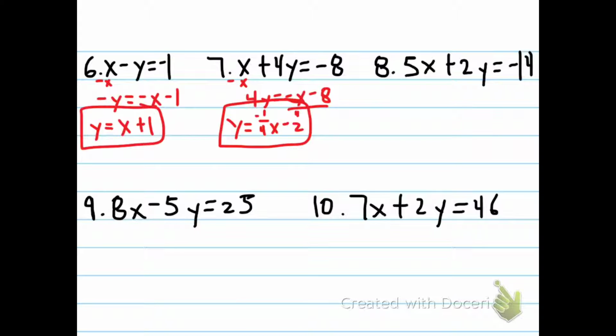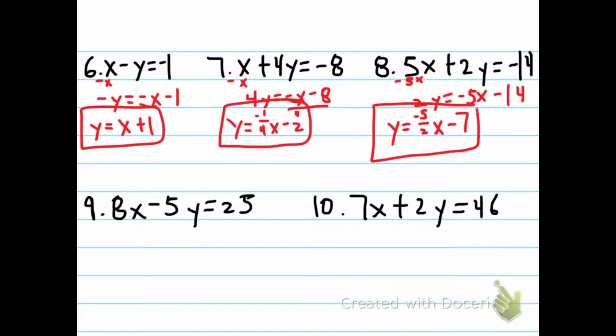For number 8, you have to subtract 5x from both sides, and then divide everything by positive 2. So your answer is y equals negative 5 over 2x minus. Number 9, you have to subtract 8x.